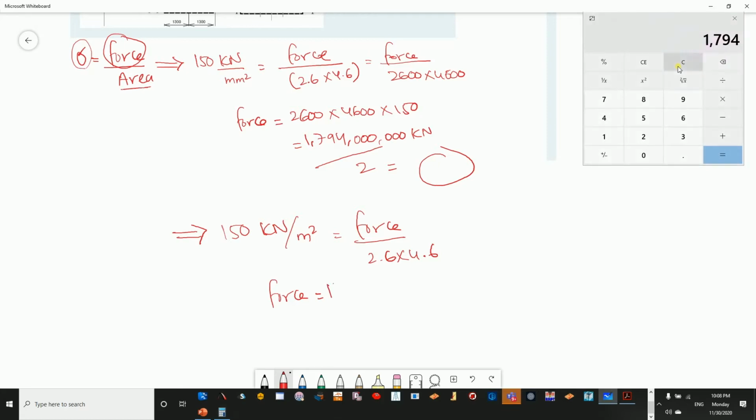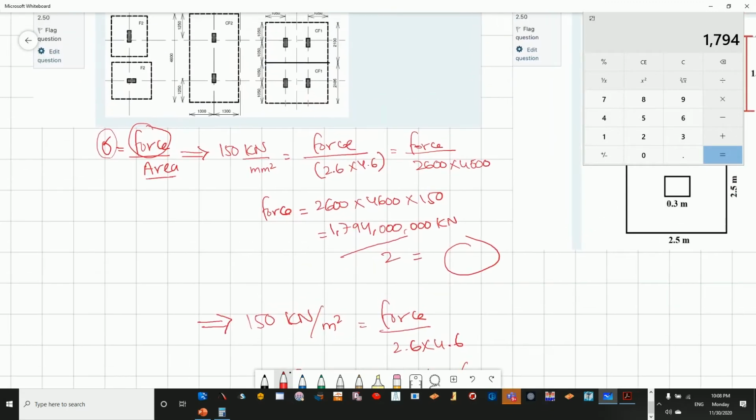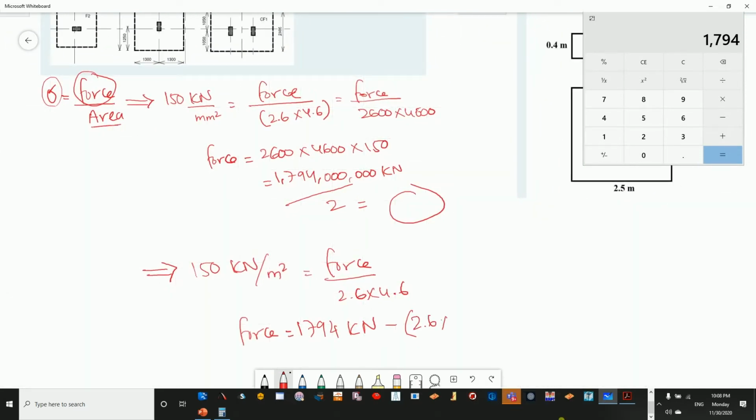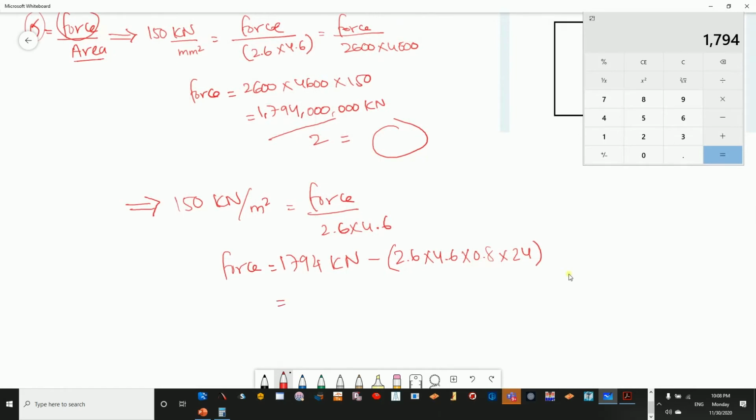So that's going to be 1794 kilonewton minus the self weight, which is 2.6 into 4.6 into 0.8 as the depth, multiplied by 24, which is your unit weight of concrete, since the foundation is made of concrete. So 2.6 times 4.6 times 0.8 times 24, minus 1794 kilonewton.